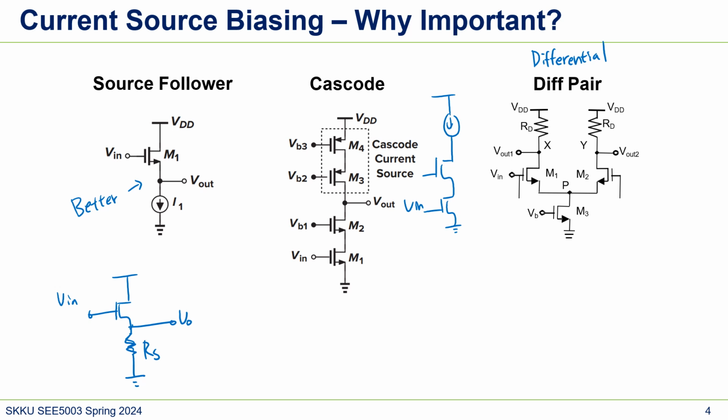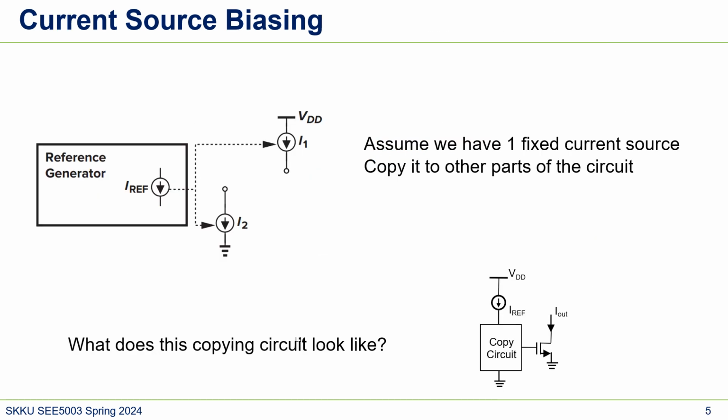So in this case, this is the current source. And in the differential amplifier, this current source plays an important role. So overall, the current source is really important, and it is used very widely.